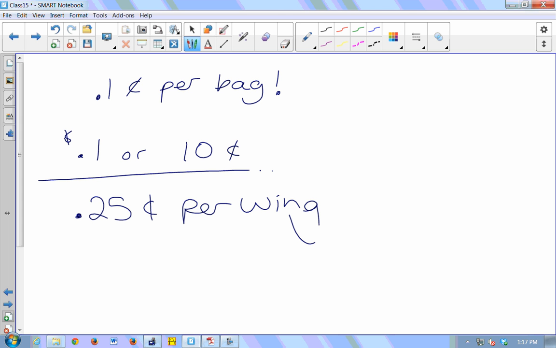But that says 400 per dollar. 25 cents per wing would be four for $1. That says it's a quarter of a cent, like cut a penny into 4 pieces. That's how much you charge for a wing. Here's a penny, keep the change, right?